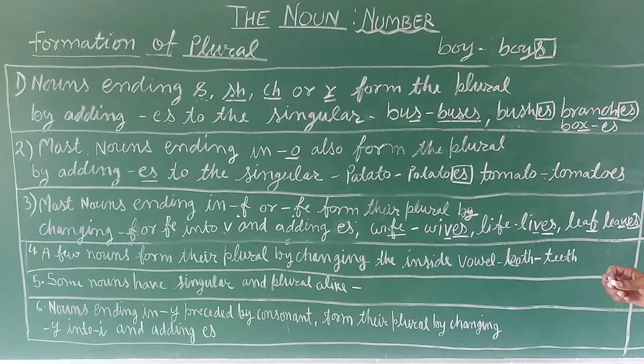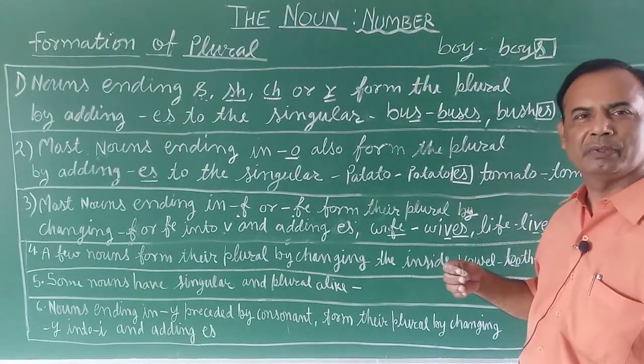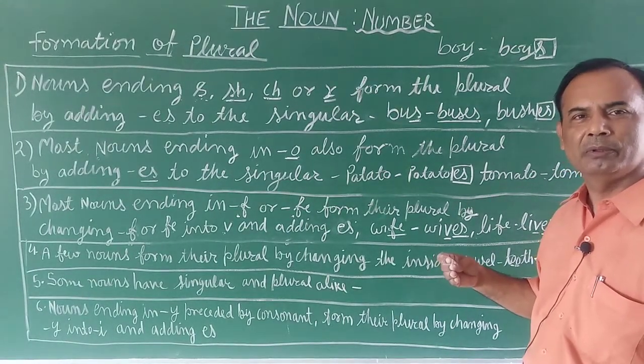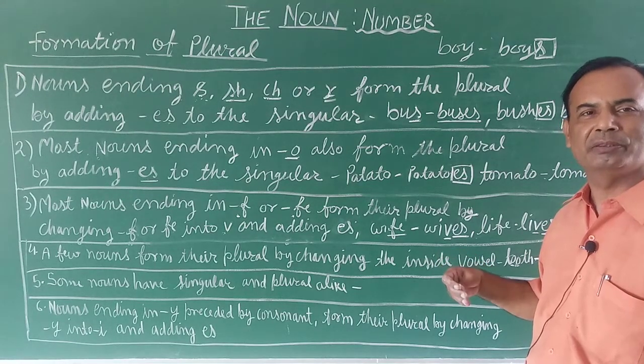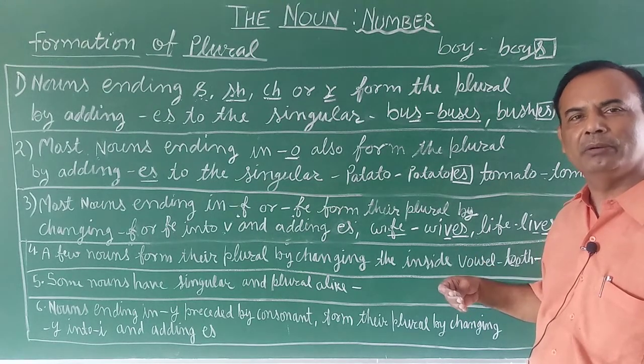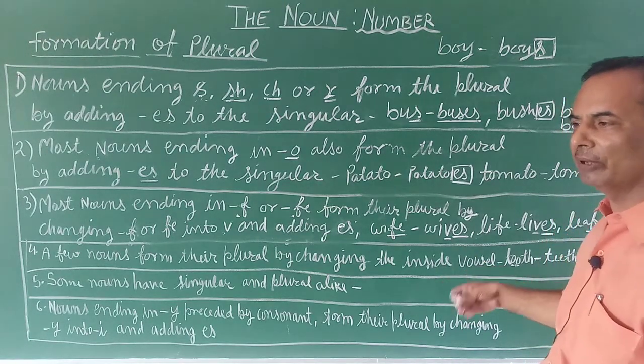As foot, inside vowels will be changed, it will become feet. As louse, inside vowel OU, so it will become lice. Mouse will be changed into mice.